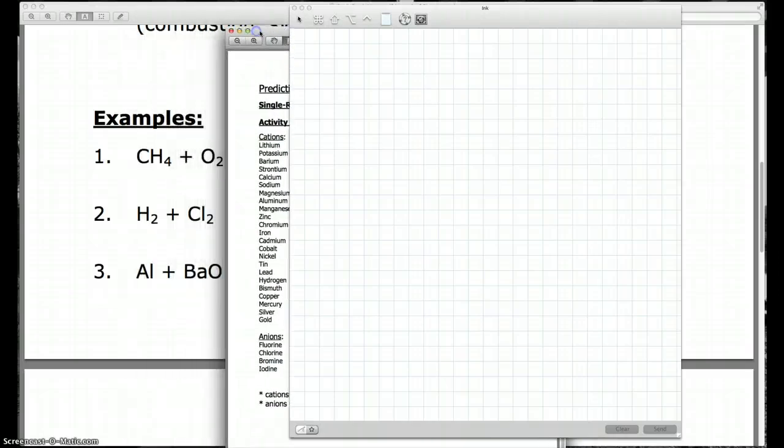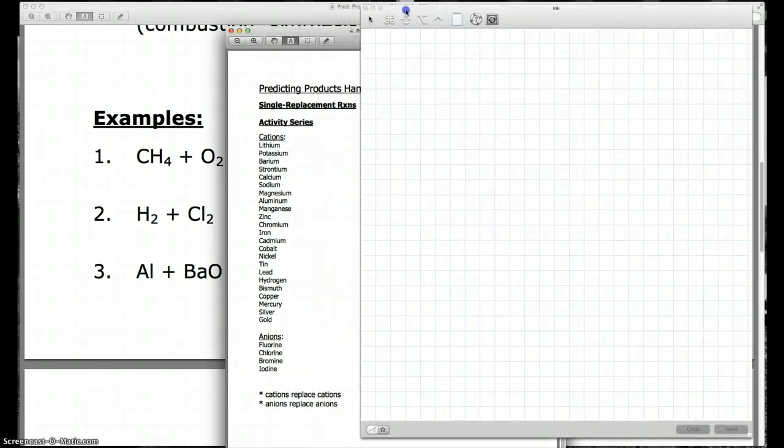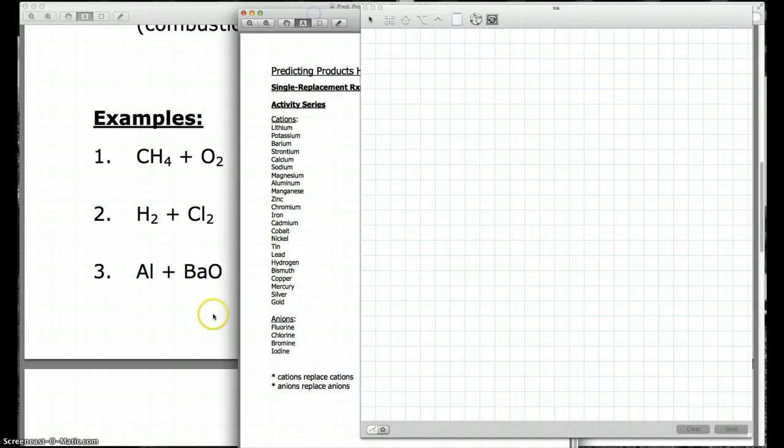Now, if I can squeeze this all in here, there we go. If I look at my list, aluminum is right here, and barium is right here. Barium is cooler. So being that barium is cooler than aluminum, when aluminum comes up and tries to cut in here, barium's like, no, get out of here. Oxygen doesn't want to dance with you because I'm cooler than you.